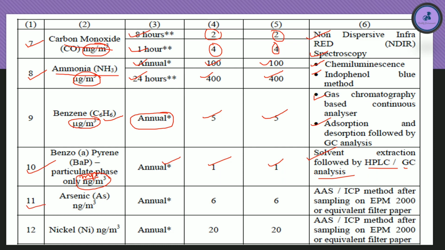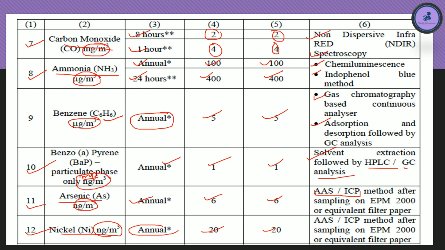The 11th pollutant is arsenic. It is also measured in nanogram per cubic meter. Okay, so basically you have to remember the units also. In annual its value is 6 and 6 nanogram per cubic meter for both the areas respectively. It is measured by atomic absorption spectroscopy and ICP method using EPM 2000 or equivalent filter paper.